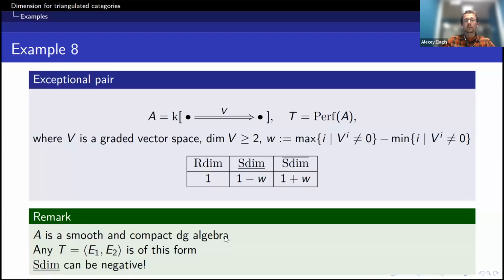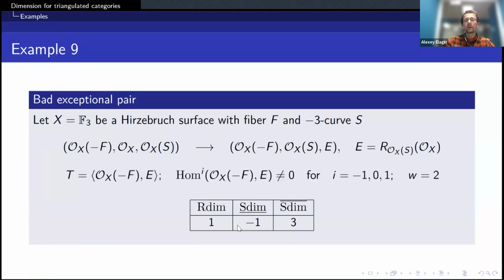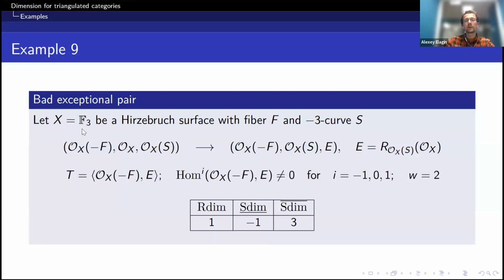And let me demonstrate a special case of this category, which is interesting because it can be realized as a subcategory in the derived category of coherent sheaves on a Hirzebruch surface. So let's take the Hirzebruch surface F3.